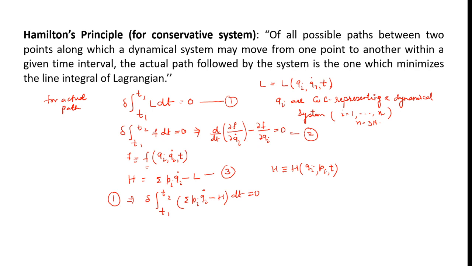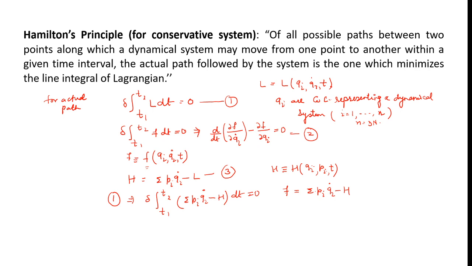So comparing, you get your integrand. Your integrand is summation pi qi dot minus H. And for this integrand, from the calculus of variation technique, this 2 should be true.